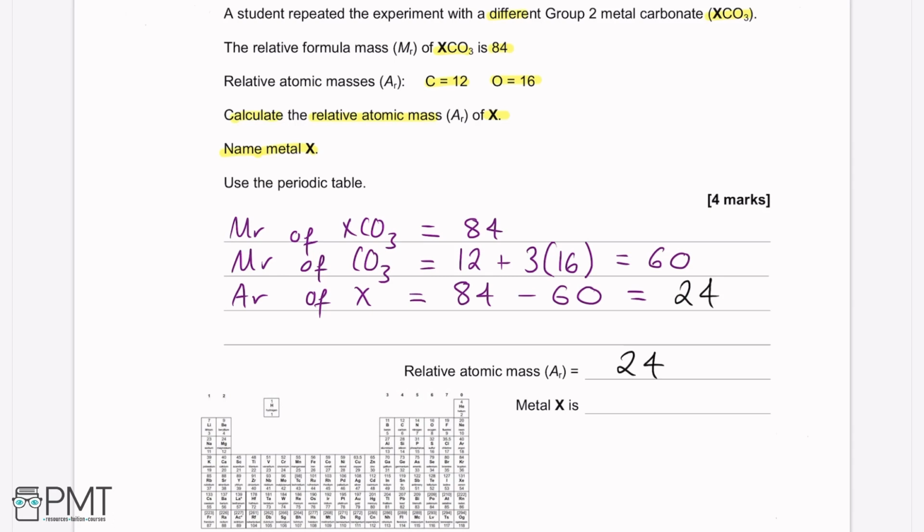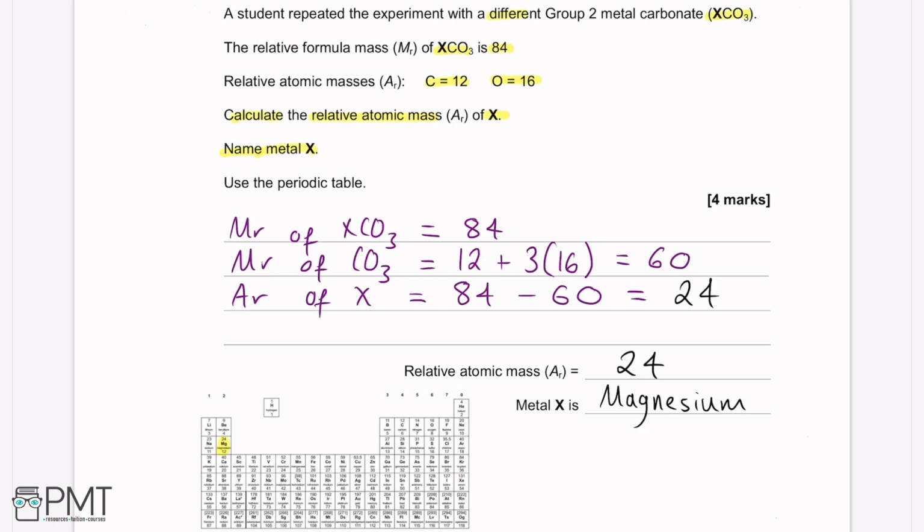Okay, which is the correct relative atomic mass of metal X. So now the final thing we need to do is name metal X. So using our periodic table, we're looking for an element which has a mass number of 24. Remembering that the mass number is the big number on the top. So hopefully we can see that that is magnesium. So metal X is magnesium.